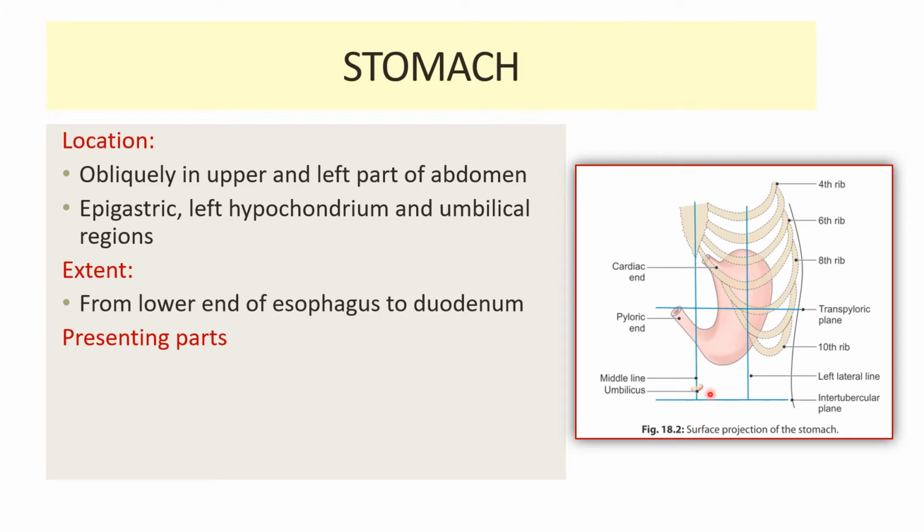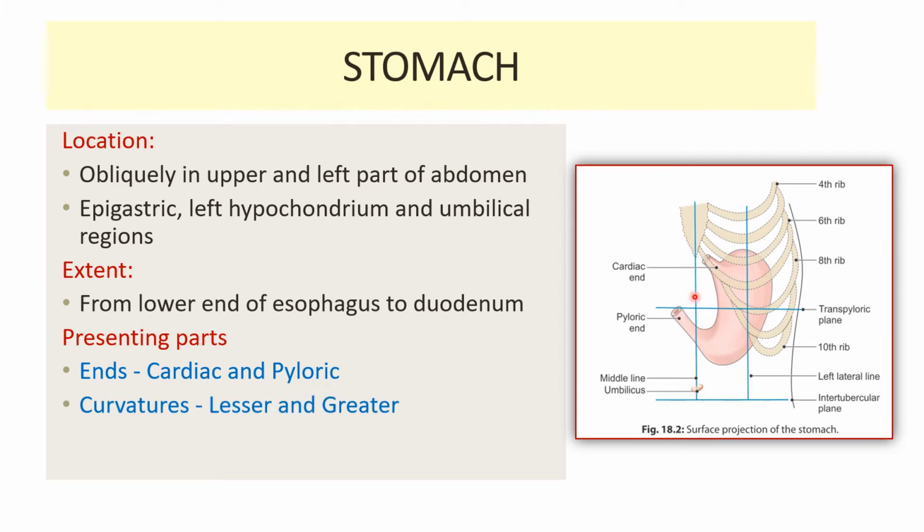If you see the presenting parts of it, it has two ends, the cardiac end and the pyloric end. It has two curvatures, the lesser curvature that faces to the right and the greater curvature that faces to the left.